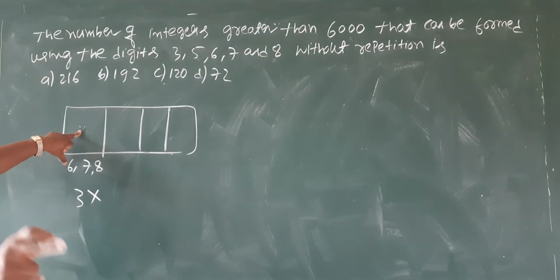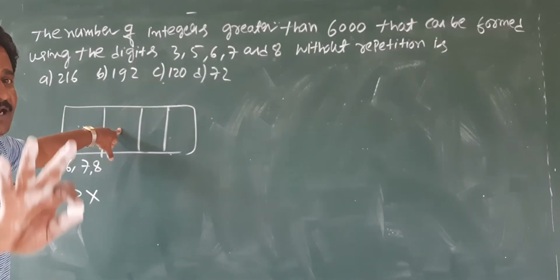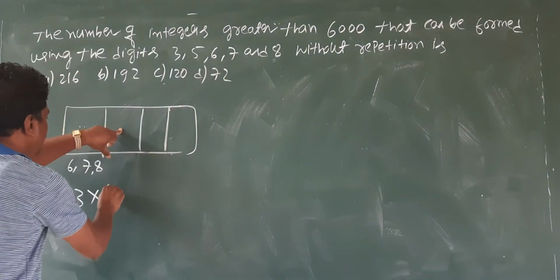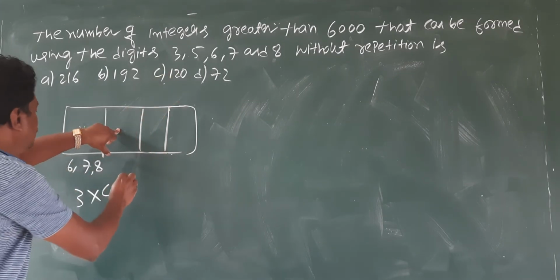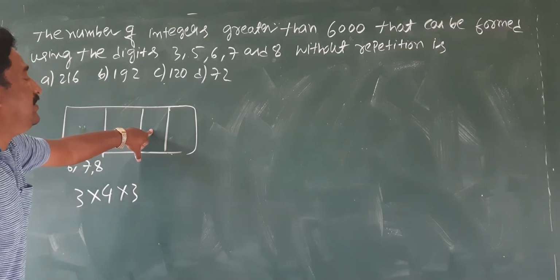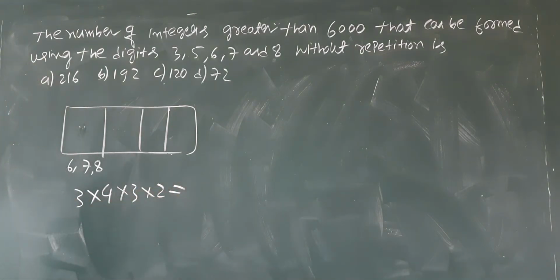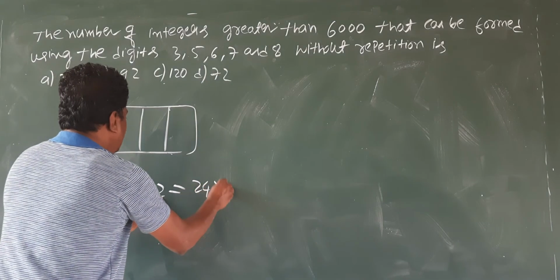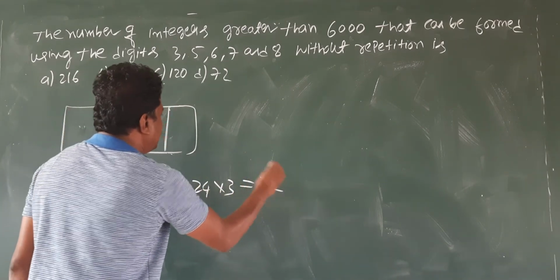The second box can be filled in 4 ways, then 3 ways, then 2. Multiply: 3 × 4 × 3 × 2 = 72.